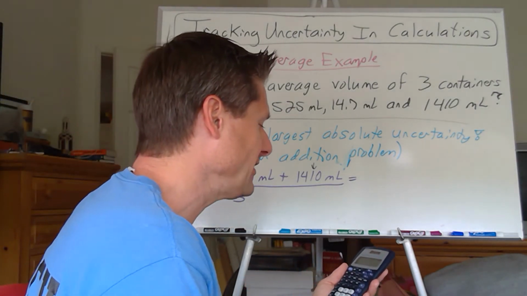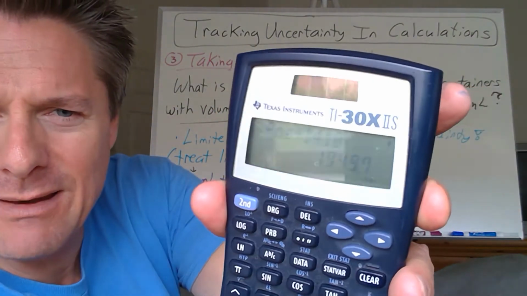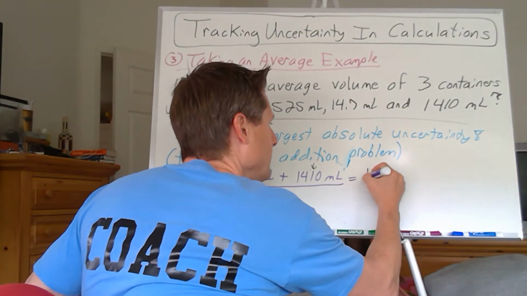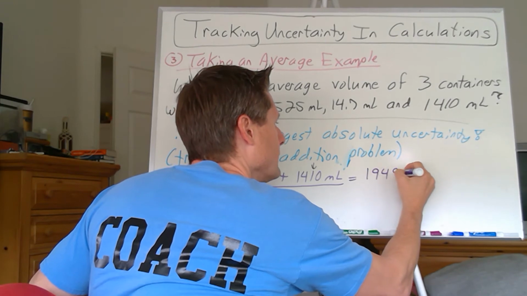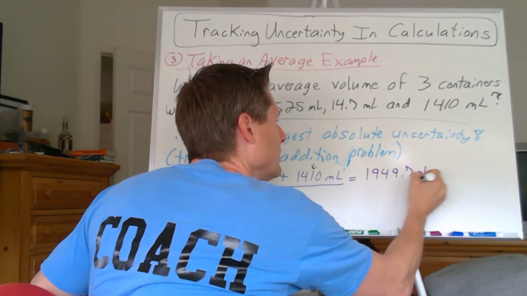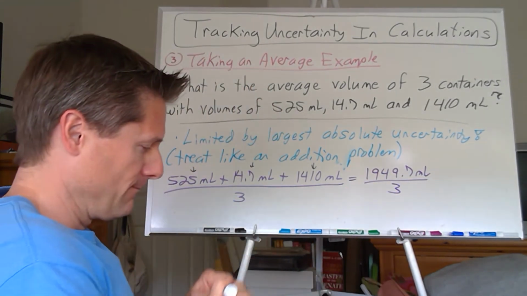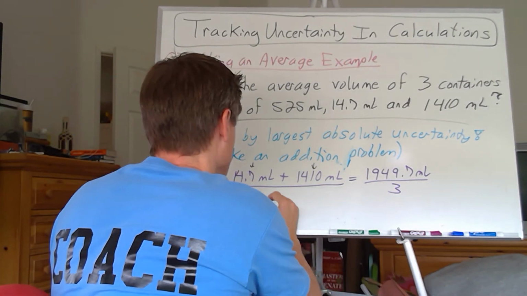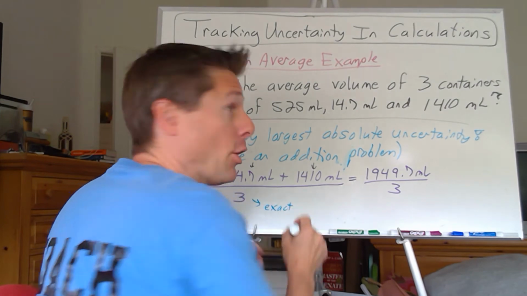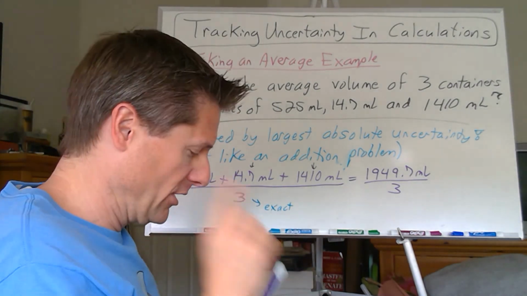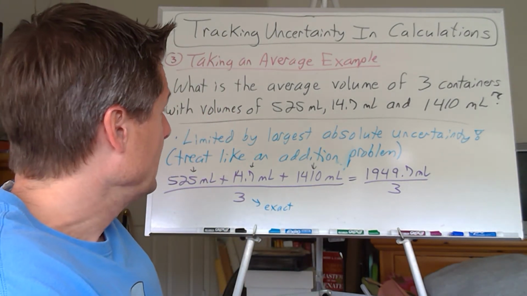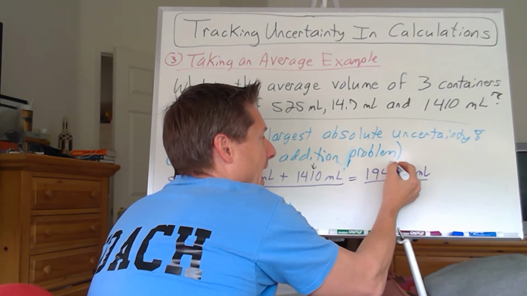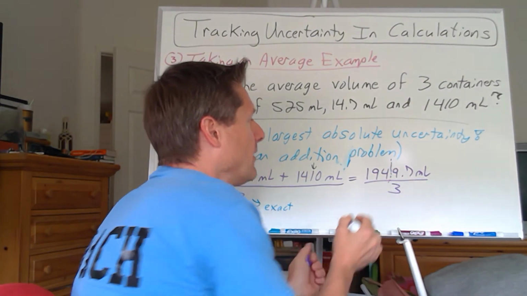You get 1,949.7 milliliters divided by 3. And remember, this 3 is exact. There are 3 containers, right? Counting small numbers of objects. Now we're limited to the tens place. The ones is tens, so that's my uncertain place right there.